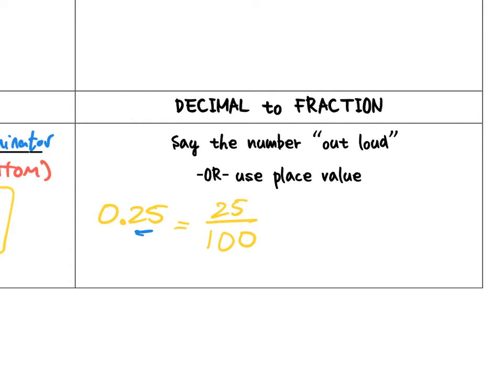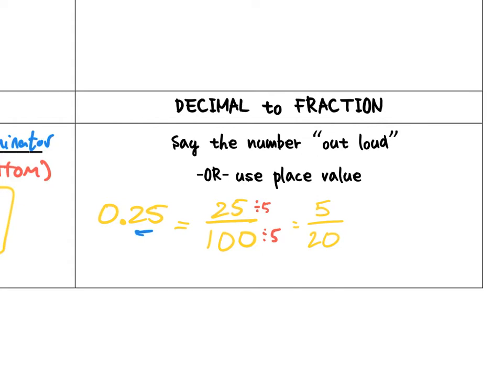So here's what you're essentially doing, is you are taking each of these and you are dividing them by 5. So 25 divided by 5 is 5. So that's your new numerator. And then 100 divided by 5 is 20. That is your new denominator.